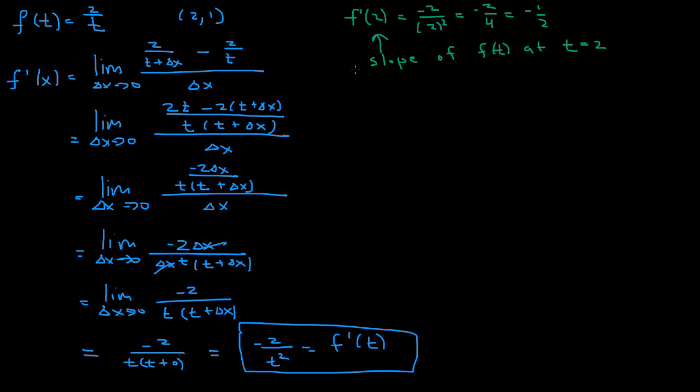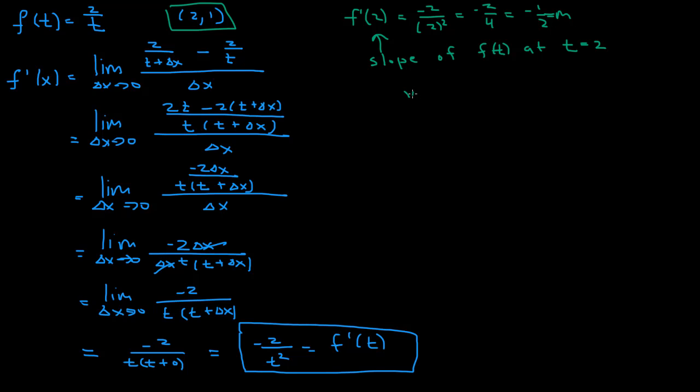Okay, so if we want to write the equation of that tangent line, first of all, we need a point. Here's our point, 2 comma 1. Here's our slope, m equals negative 1/2.